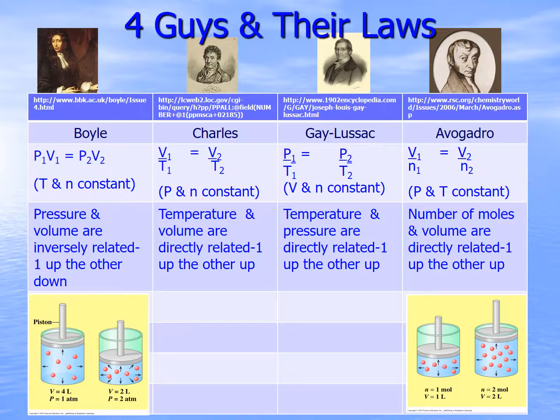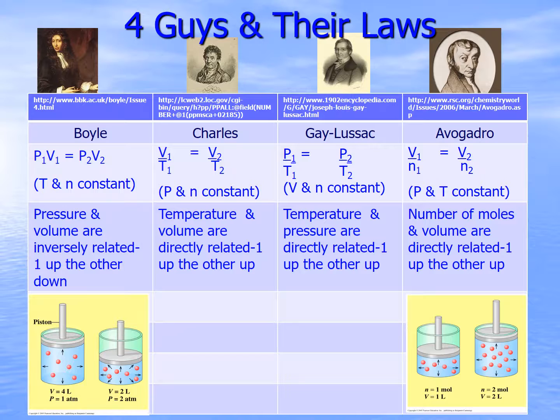Now, most of our gas law problems are going to be based on the relationships discovered by these 4 guys. They are Robert Boyle, Jacques Charles, and Gay-Lussac. That is sometimes found in textbooks, but from my research, Gay-Lussac really did not discover this particular gas law, and it might be more appropriately called Amonton's law.